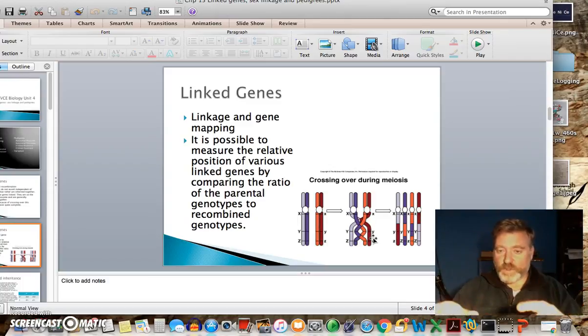Which gene does what? How far apart are they on each chromosome? And so gene mapping has once again become a technique used by geneticists. While it did disappear off the exam, it has sort of reappeared a little bit.